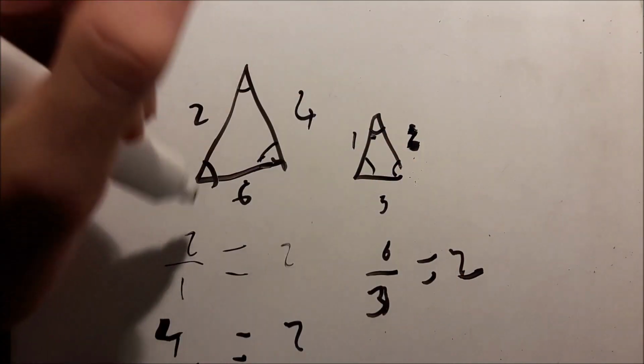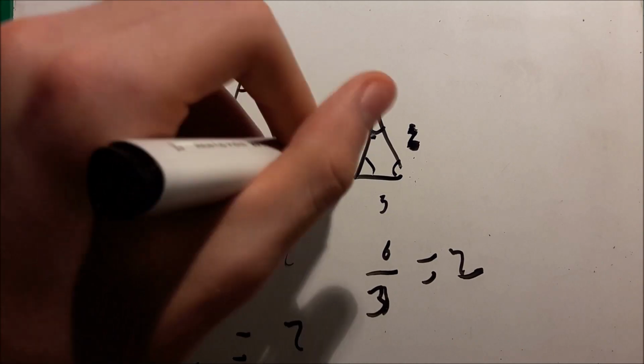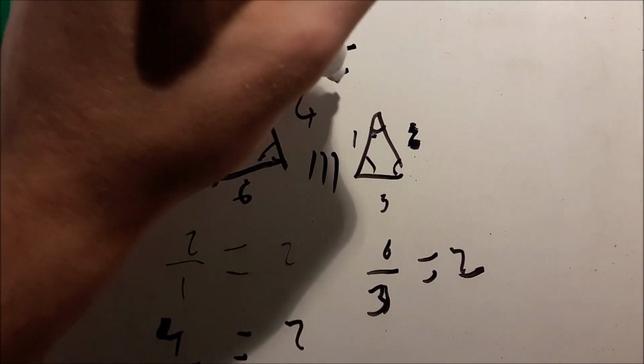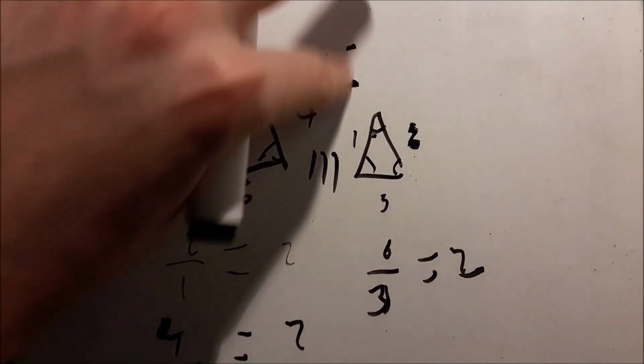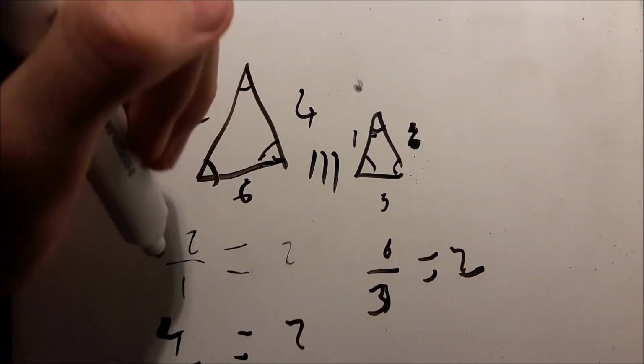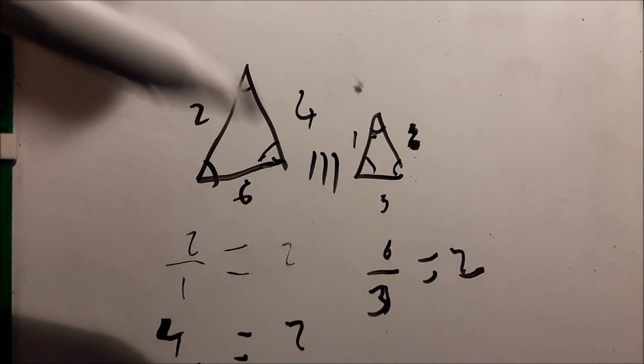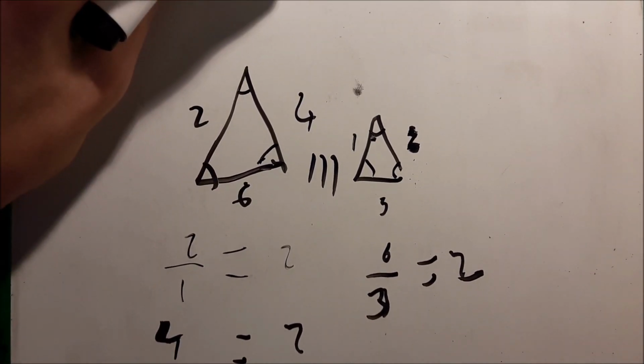So therefore it's similar. That's the sign for similar, and the sign for congruency is just 3 lines like that. Proving that they're all in proportion is another way of saying that they're similar.